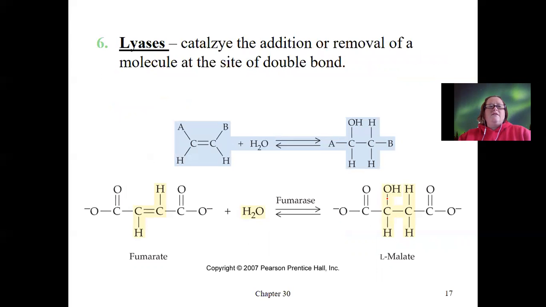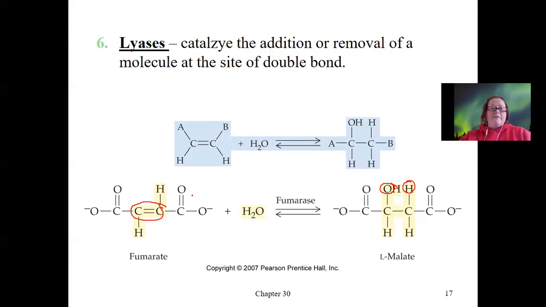And the last category are called the lyases, and they involve either the addition or removal of molecules at the site of a double bond. Here we can see at this double bond, we are adding water, and here you can see the OH and the H being added at the site of the double bond.